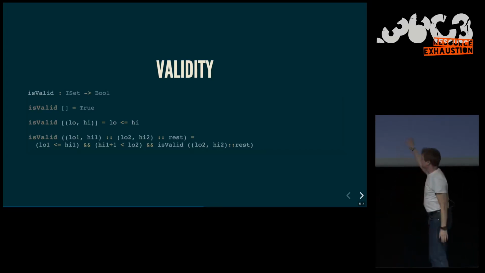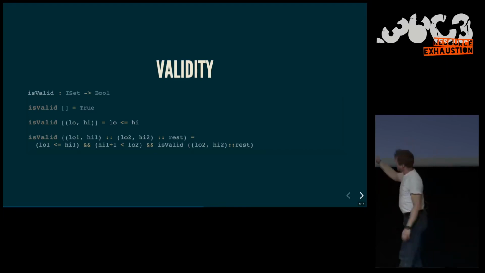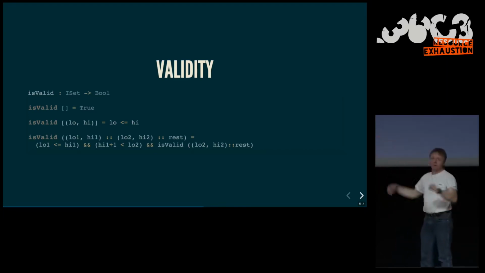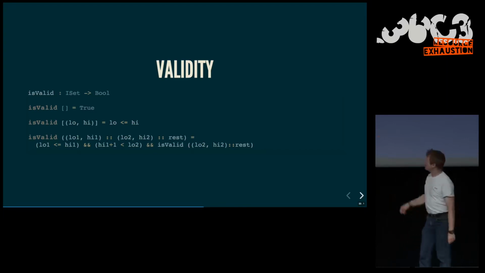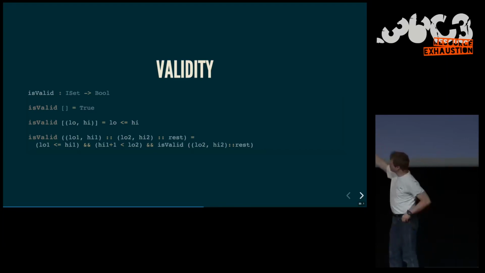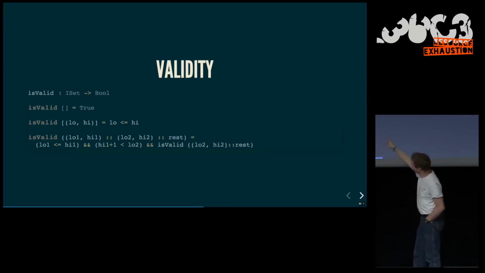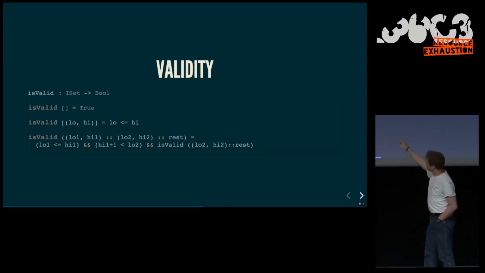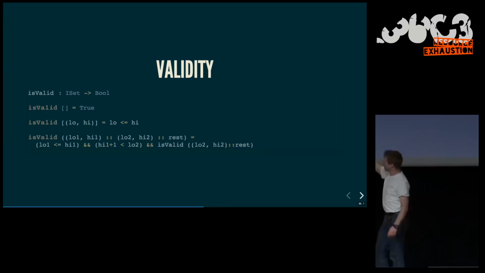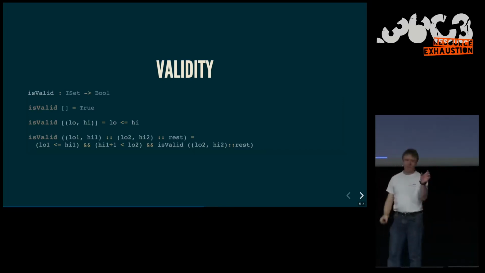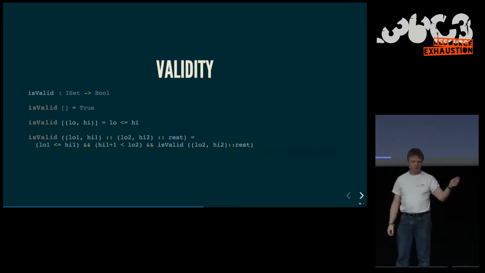Great. Then it becomes a little bit more complicated. The third case is when there are at least two intervals in the interval set. The first one goes from low 1 to high 1, the second one goes from low 2 to high 2. Those double colons separate the first element of a list from the rest, and then there's the rest of the list. Again, we want the interval to be ordered so that the lower number is on the left.